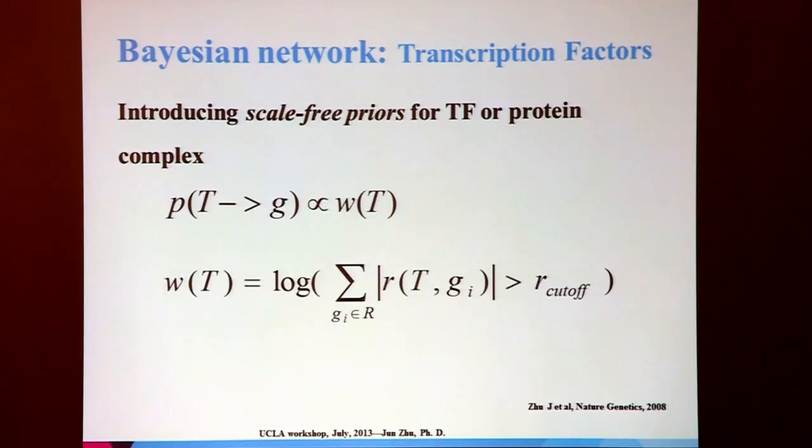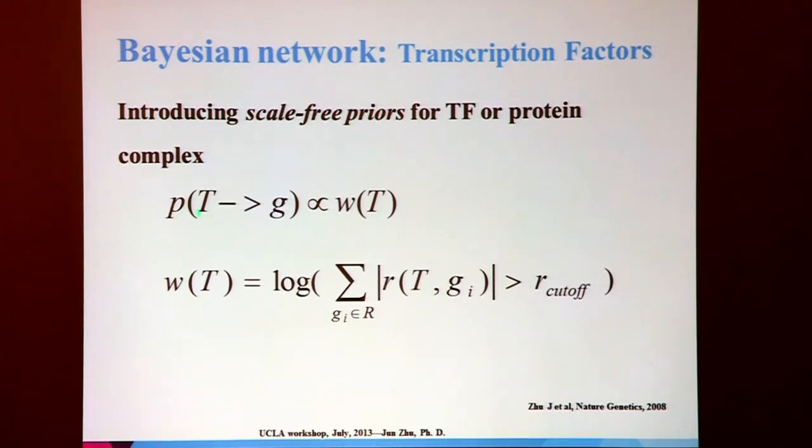Similar to the structure, we capture this as the potential transcription structure, or the protein-protein interaction as a complex or clique. But then the question is, are they really active in your specific data set? Then we can see whether the correlation among them is above random. If we say everything here is functional, then we can construct a prior.